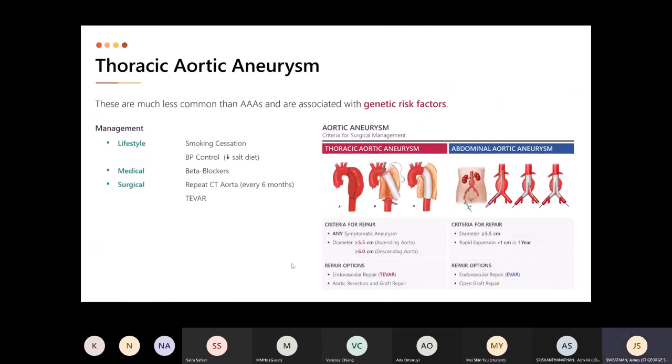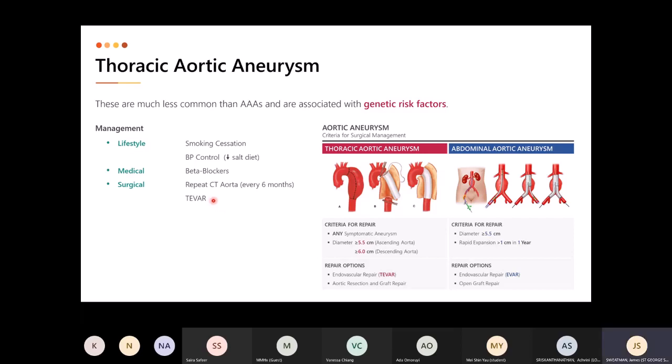And the management for it, very basically, if they are small and they're asymptomatic, it's lifestyle advice. So stop smoking, control blood pressure. If they are symptomatic and they're fairly small and they're not indicated for surgery, then you can manage them with beta blockers. Or if they are symptomatic or they're very large, then you can do a TEVAR, which is thoracic endovascular aortic repair.